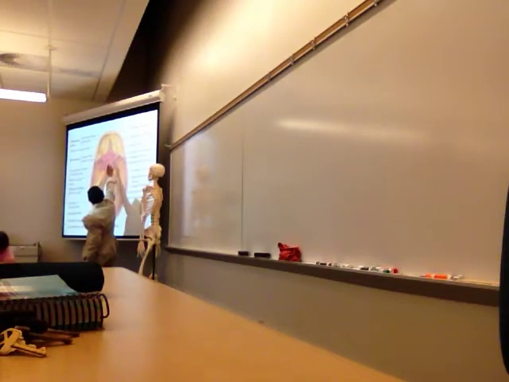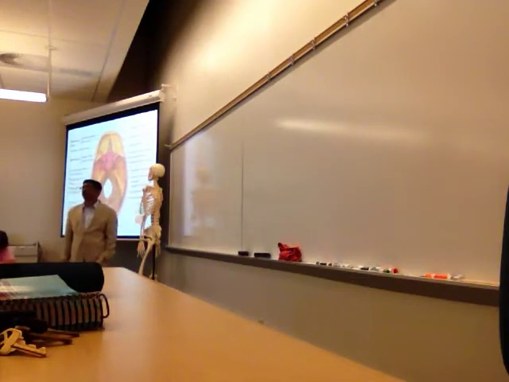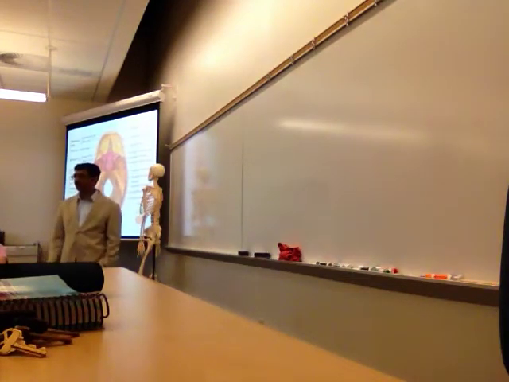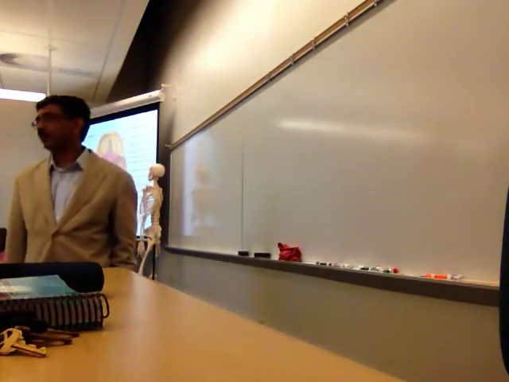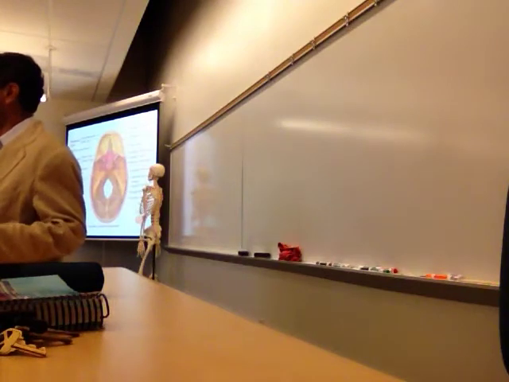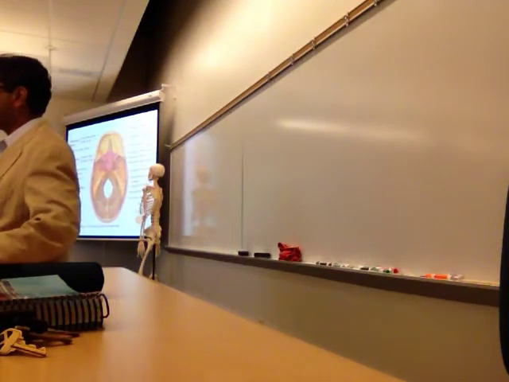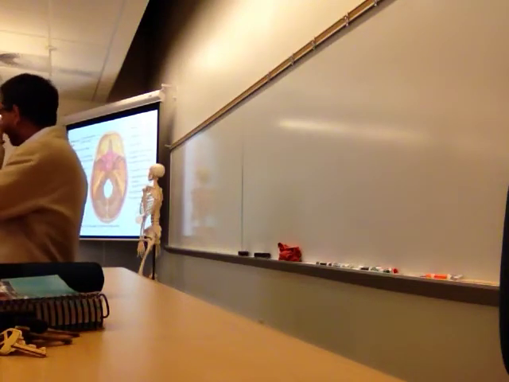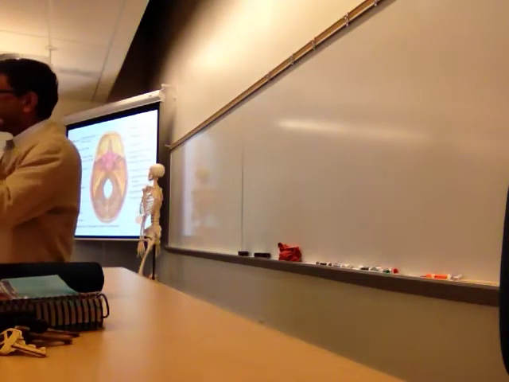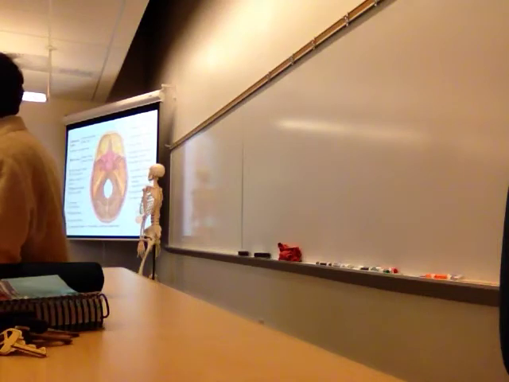Now, this part is the uppermost part of the ethmoid bone. As I have mentioned, that ethmoid is mostly inside the nose, so you don't see most of it, but a small part you can see. So you can see here the upper part of the ethmoid bone.